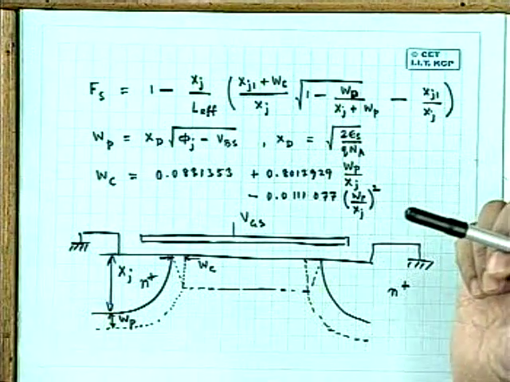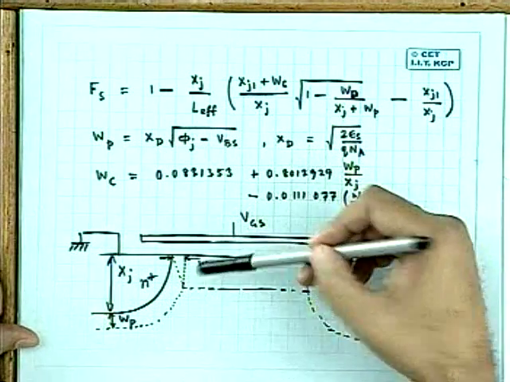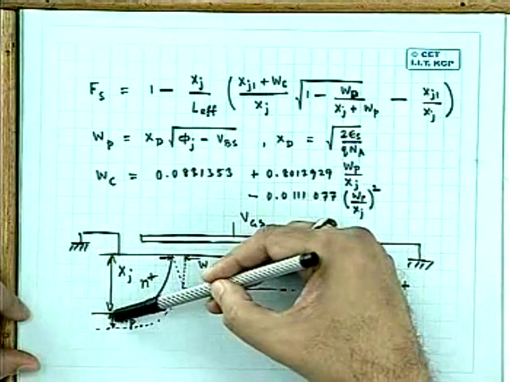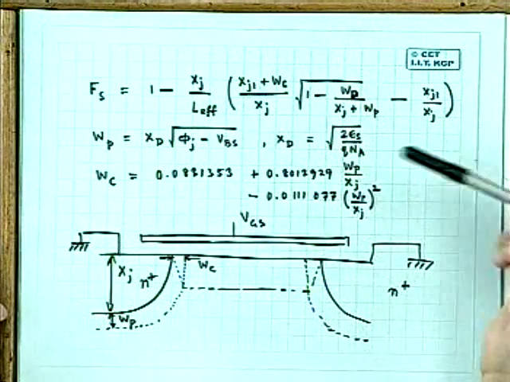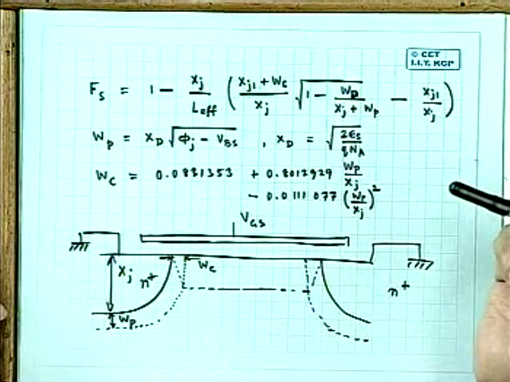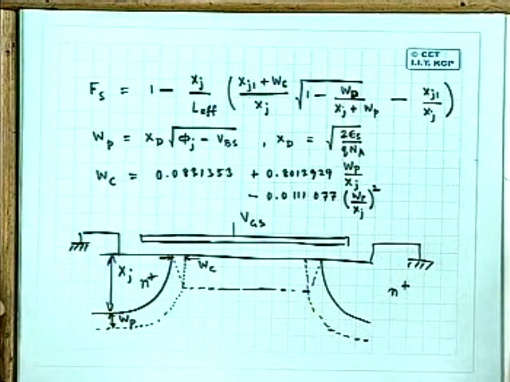P stands for planar junction approximation. C stands for cylindrical junction approximation. In fact, because of the curvature here, the depletion layer width W is modified, and that is now considered in level 3.